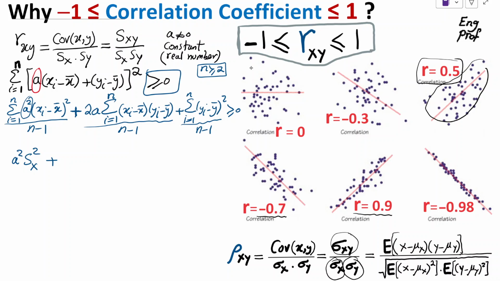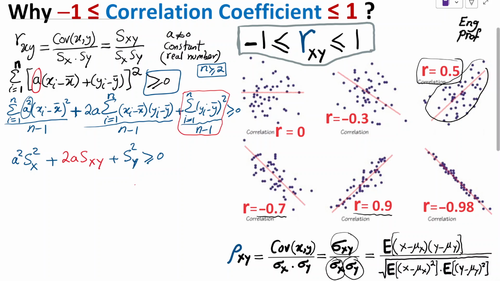This whole thing here is the definition of the covariance. So it is basically 2a covariance of xy. And the last term here is the definition of the variance of y, which is the square of the standard deviation of y.